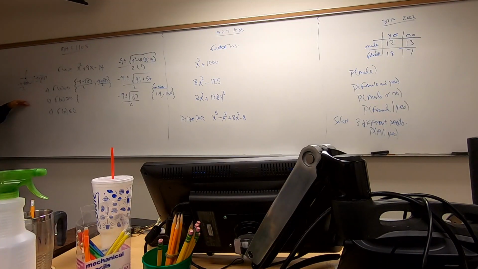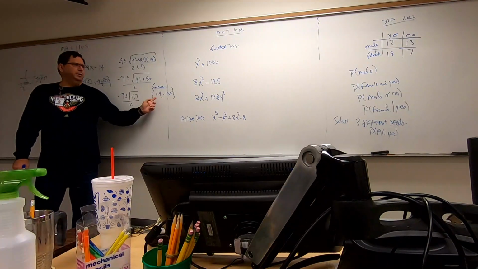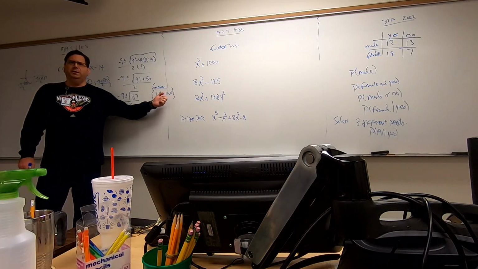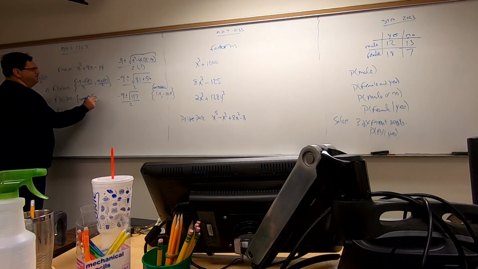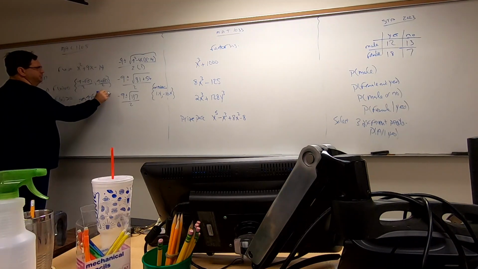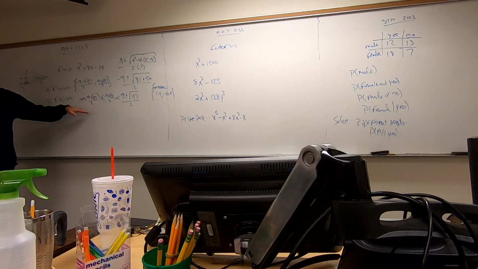It's greater than 0 from negative infinity to this point, union this point to infinity. Now, you can write that as decimals and say negative infinity to negative 10.4, union 1.4 to infinity. Or you can write it as negative infinity to negative 9 minus the square root of 137 over 2, union negative 9 plus the square root of 137 over 2 to infinity. Again, if you use the decimals, just replace that with negative 10.4 and 1.4.